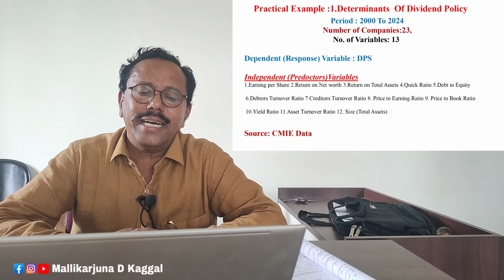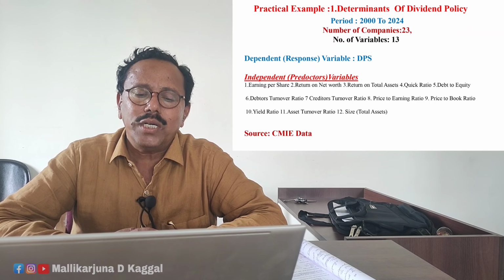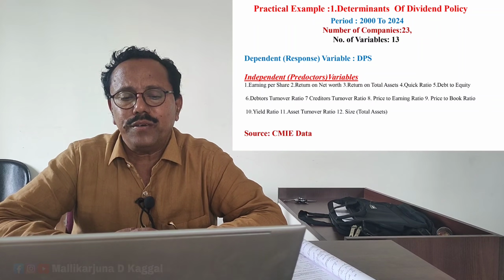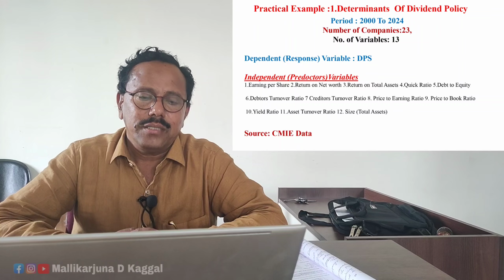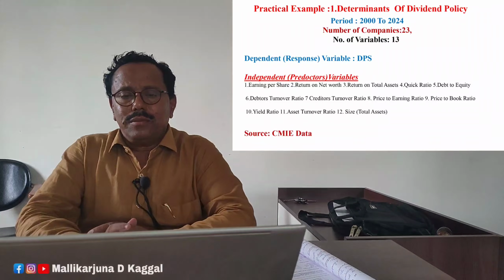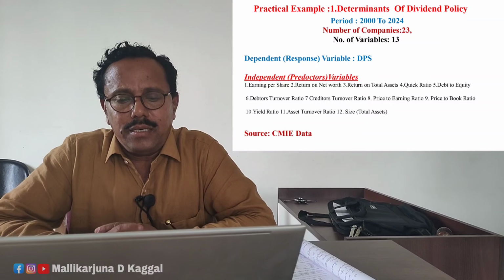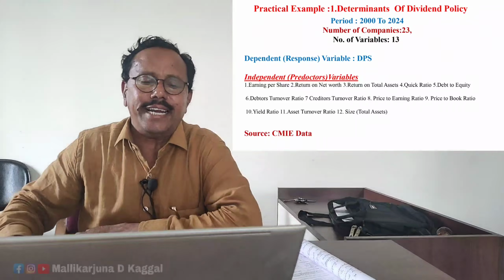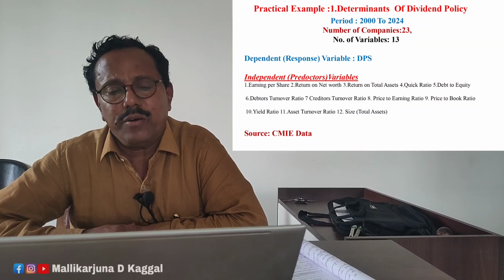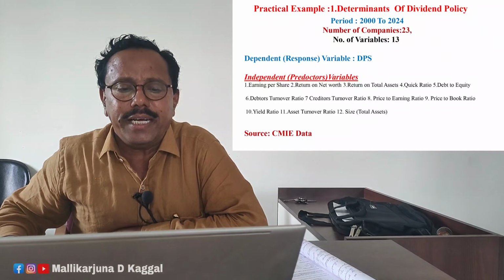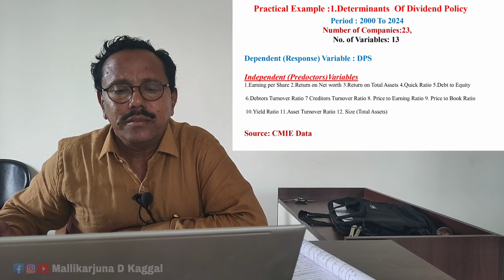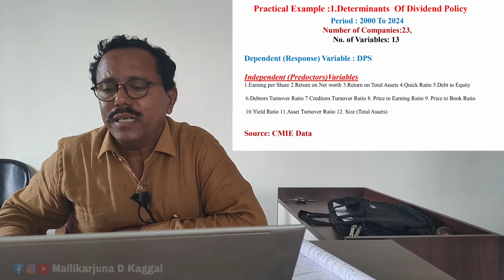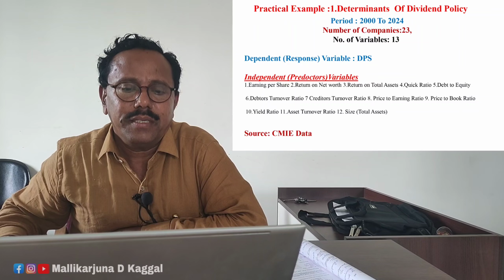Size is decided based on the amount of total assets. The data is collected from CMIE, the Centre for Monitoring Indian Economy, that is, Prowess. This is the data we have taken in order to estimate the determinants of dividend policy.